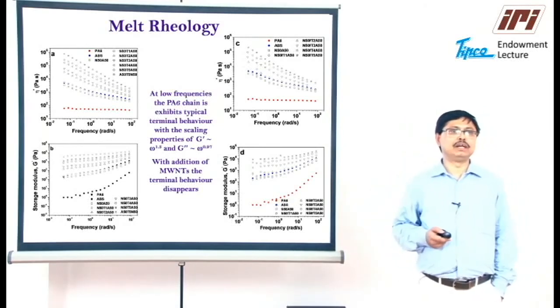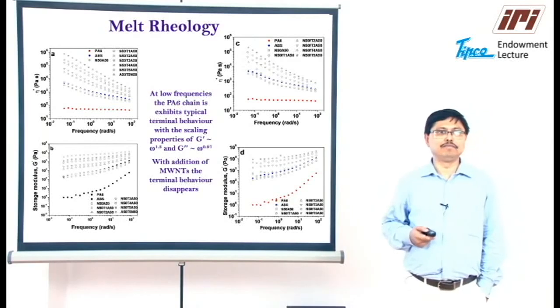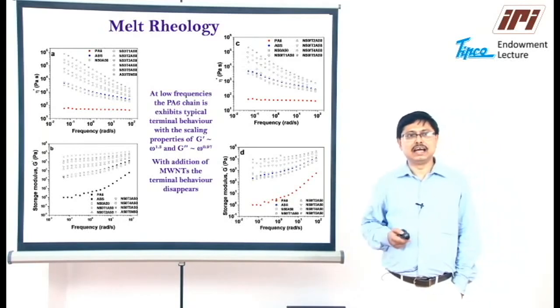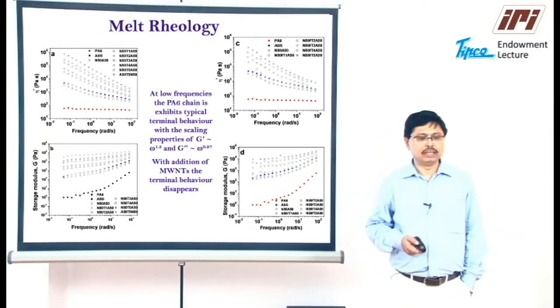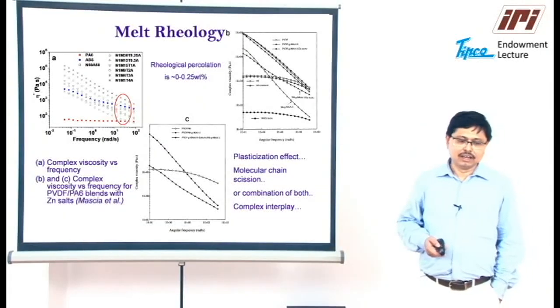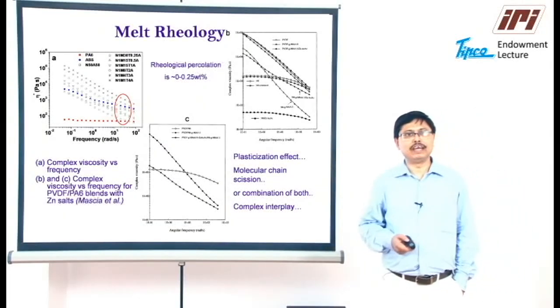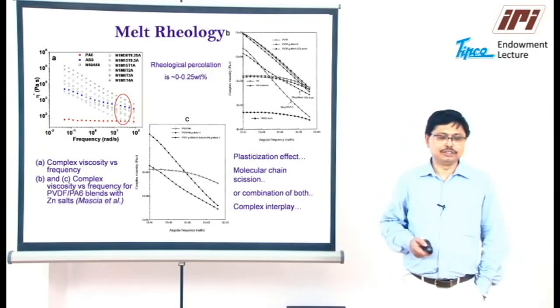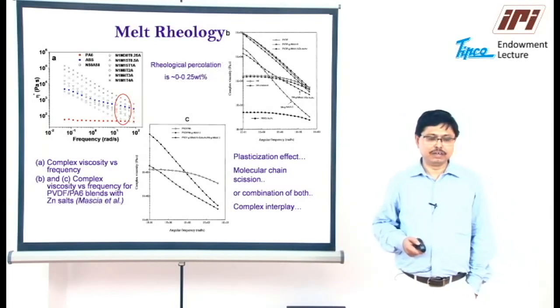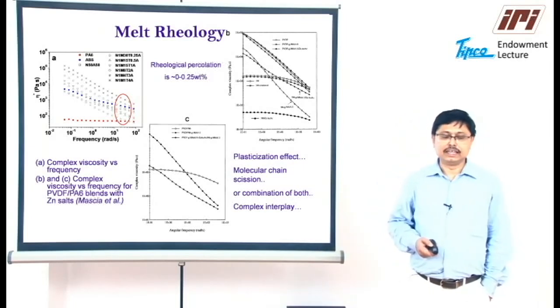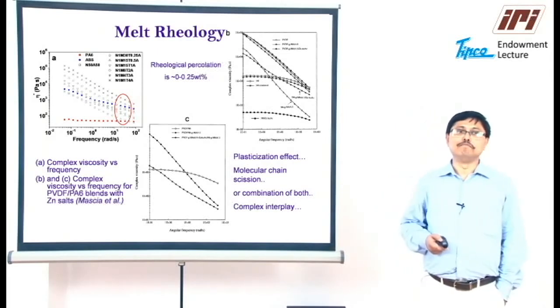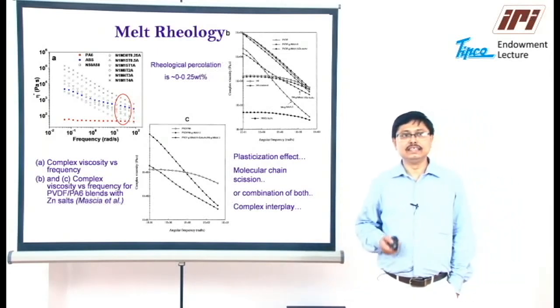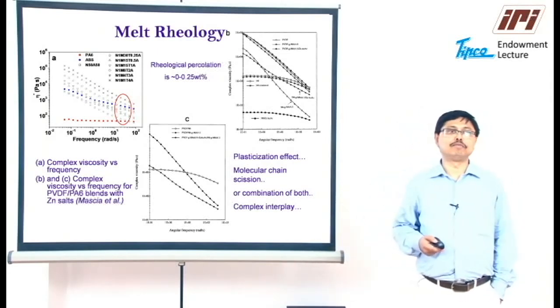However, with the addition of multi-wall carbon nanotubes, this terminal behavior disappears, suggesting a change from fluid-like behavior to solid-like behavior. Melt rheological percolation in the case of NaHA modified multi-wall carbon nanotubes we observed at 0.25 weight%, but at the same time we could observe that in the high frequency region, the melt viscosity decreases in the presence of a higher amount of NaHA.